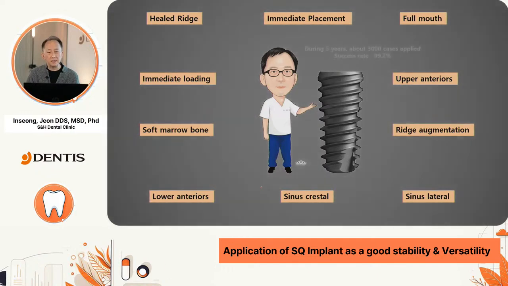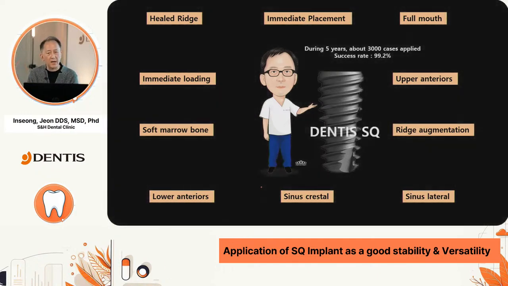Lastly, I have applied it in about 3,000 cases, with a success rate of 99.2%. I think SQ Implant is a very predictable implant system for every situation in the implant field, intraoral, from normal bone to very thin or soft bone areas.